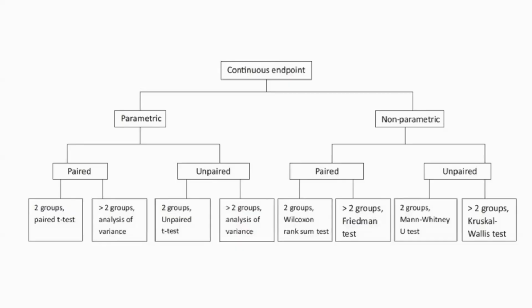With respect to this, we come across parametric versus non-parametric as terminology. Simply speaking, parametric distributions are used when you know the shape of the distribution of your outcome variable.